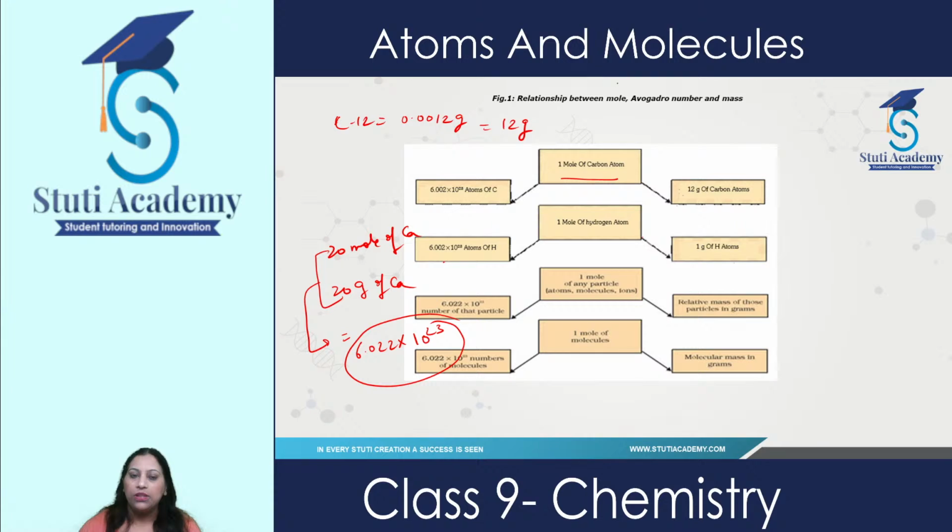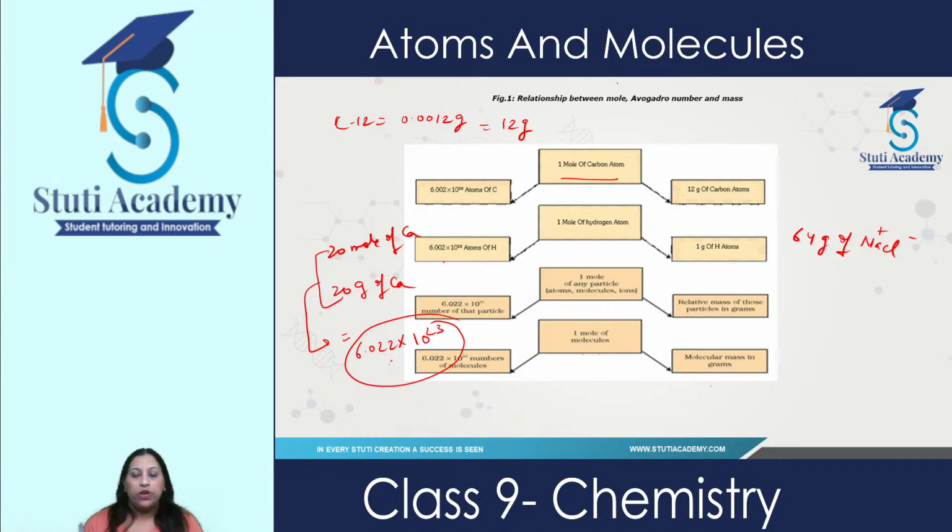So 1 mole of molecules is equal to the molecular mass in grams, or we can write it is equal to 6.022 into 10 raised to power 23, Avogadro's number. Let's take an example. We are talking about molecular mass, which means we are talking about molecules. So if we are saying 64 gram of NaCl, it has ions, it contains charges Na plus and Cl minus.